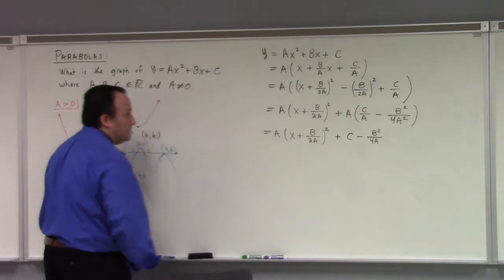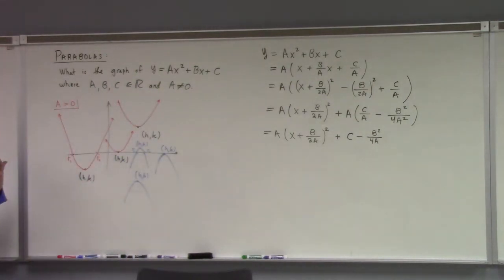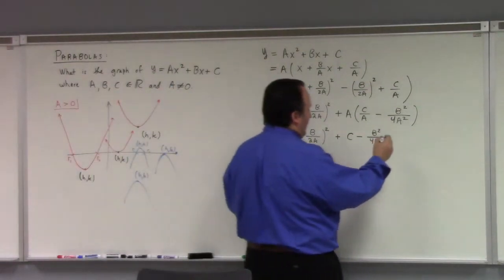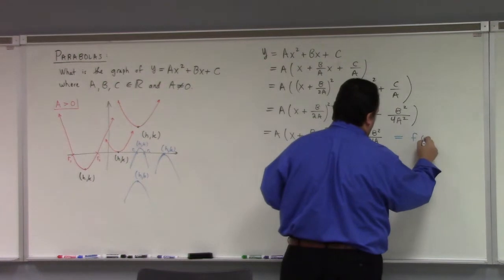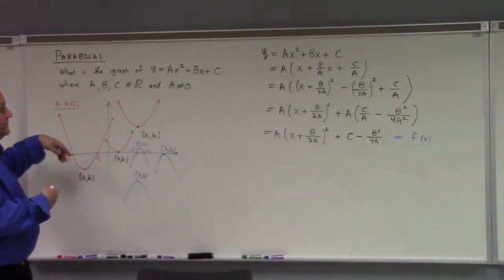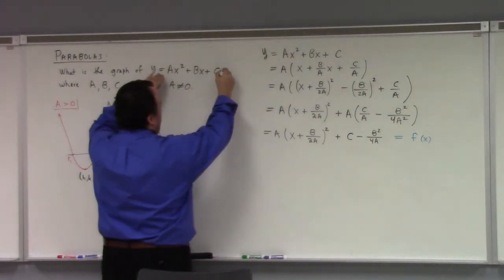So this tells me a lot, actually. See, because if you think about the parabola, right? I said that the vertex is at h comma k, right? So if I think of this thing, my parabolic function, as f of x, okay?